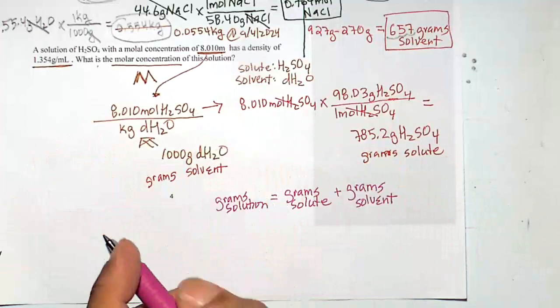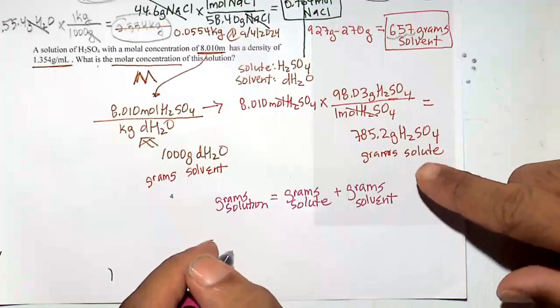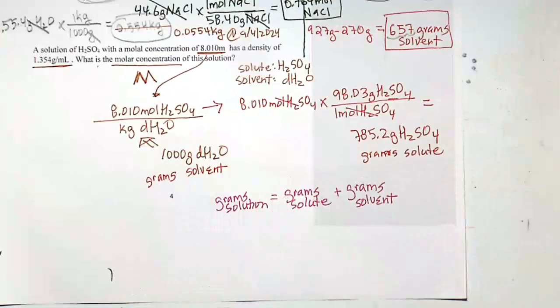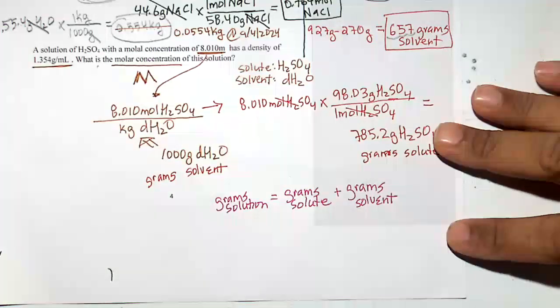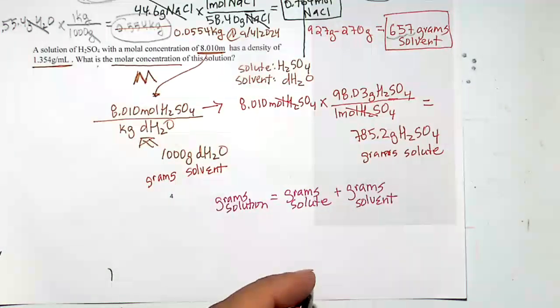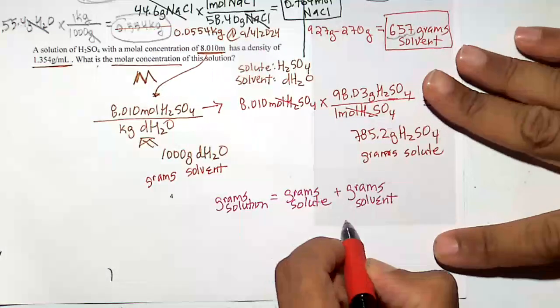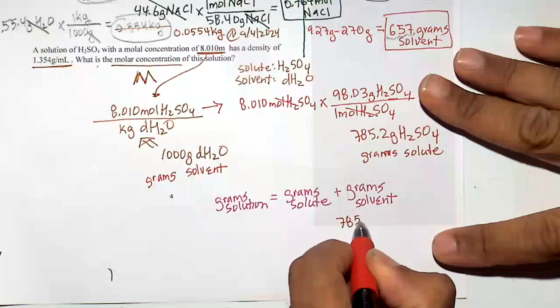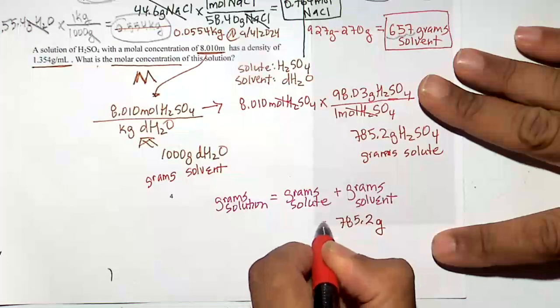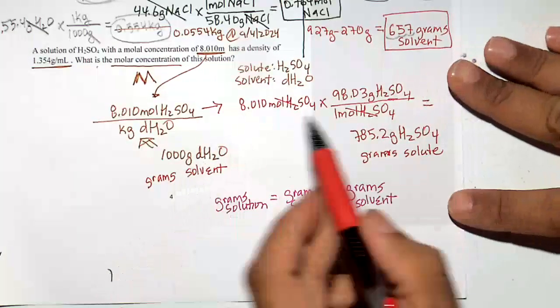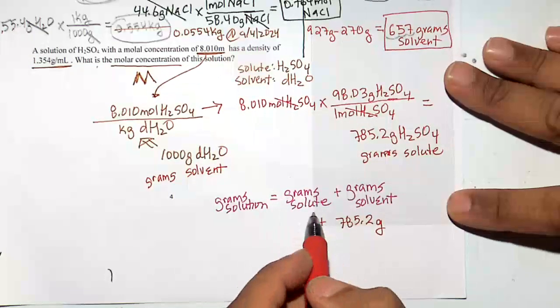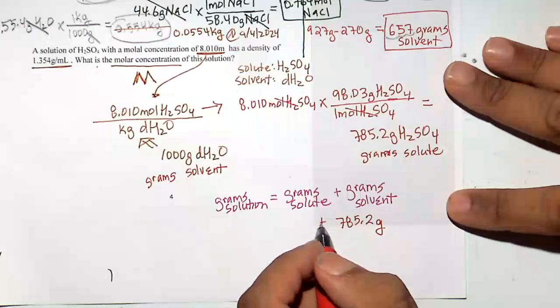Solute plus solvent, solution. So our grams of solute is 785.2.